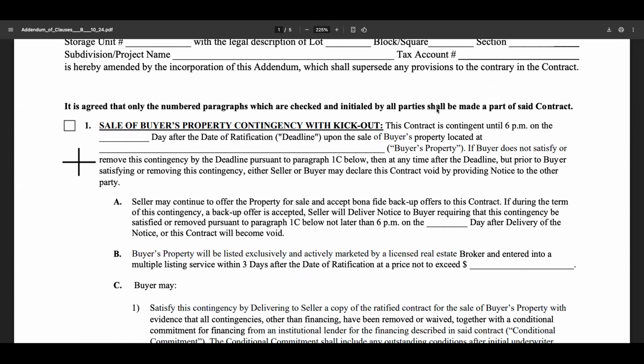Let's dive into sale of buyer's property contingency with kickout. This is used in situations where you may meet a client who has a townhome they're living in, and they want to go out shopping for properties. They have to sell the townhome to be able to afford the next home. In the past four and a half to five years, that's been impossible.